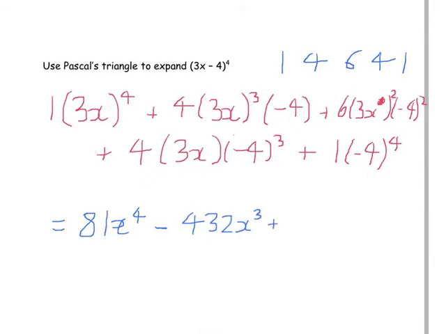The same for the next one, so (minus 4) squared, which is going to be 16 times 3 squared, which is 9 times 6, is 864x squared. Next one will be a minus again, which is 768x. And finally, you've got plus 256.